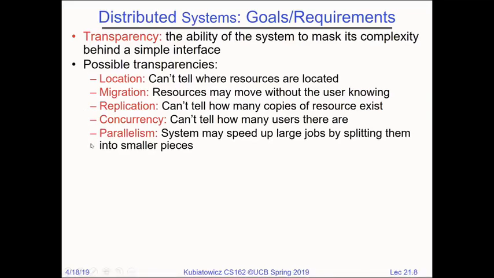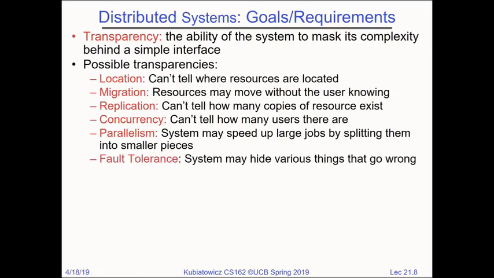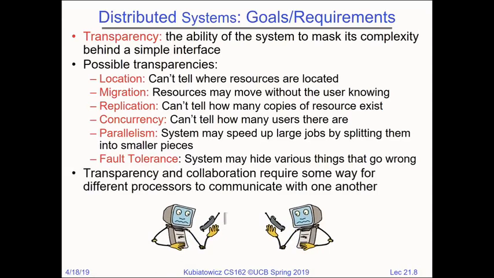Parallelism. Gee, the system might be able to throw a few extra processors at it and make it faster without me having to do something about it. Fault tolerance. Wouldn't it be great if the system can hide when things go wrong so we don't get into Leslie Lamport quotes? Okay?